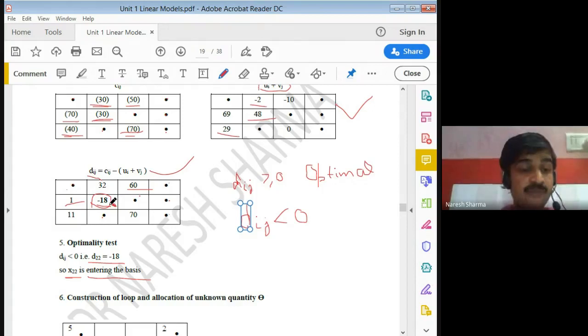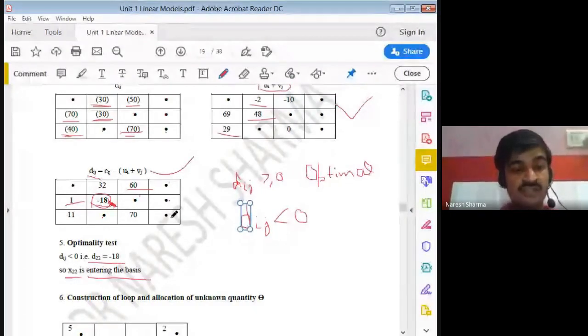So if x22 becomes basic, at least one of these highlighted variables should go outside from the basic cells and become a non-basic variable.